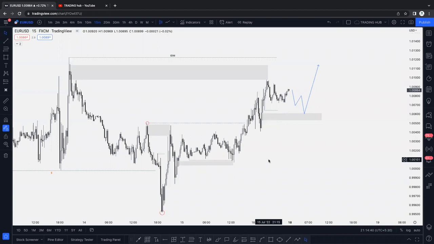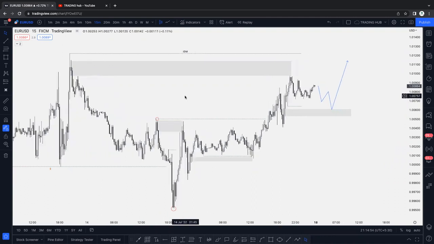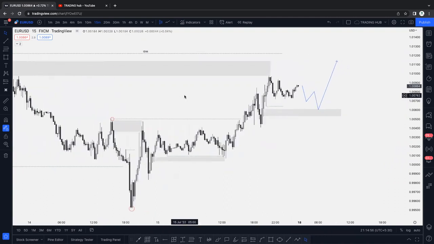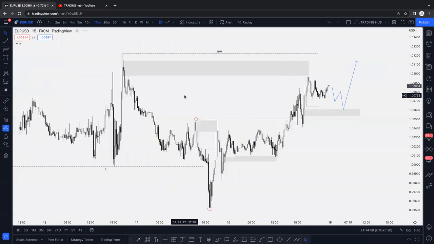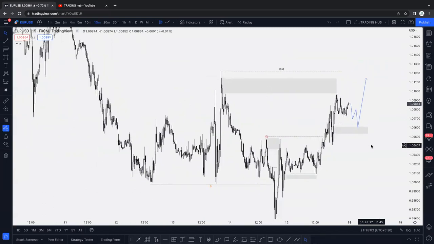Okay, but in the lower time frames like the 15-minute and 4 hour, it is trying to recover upside before the major sell. So this is the overall story in EUR/USD from higher time frame to lower time frame. Okay, so price must take out this high before the sell, correct?